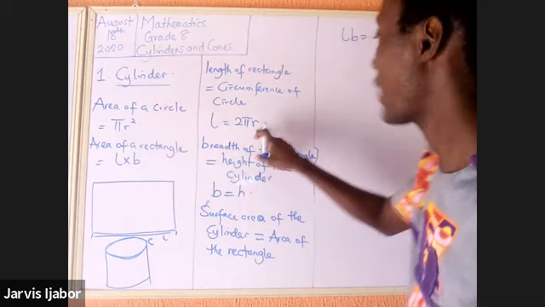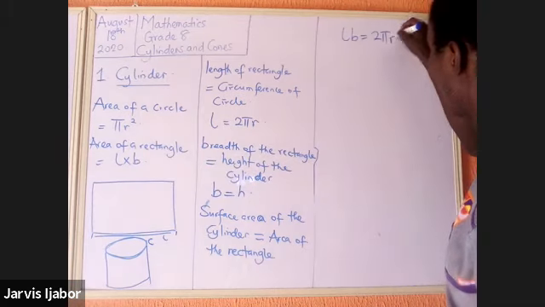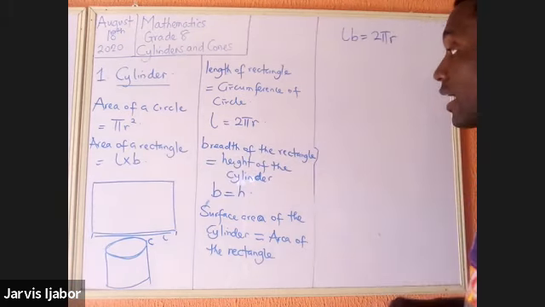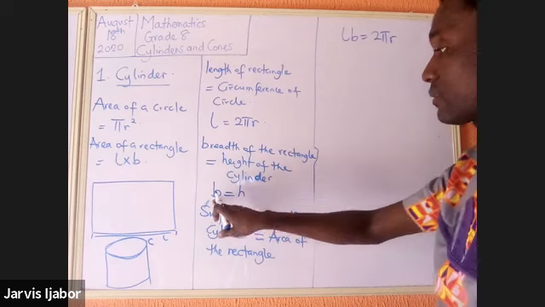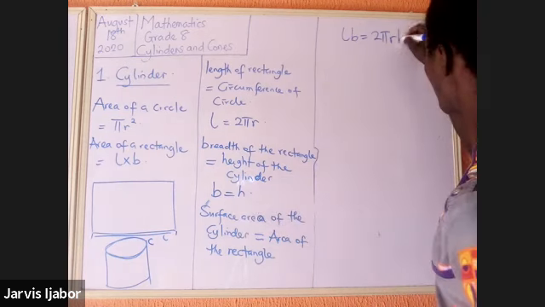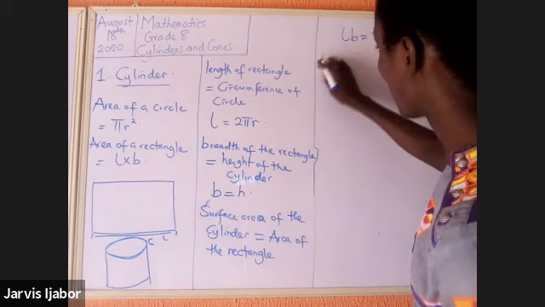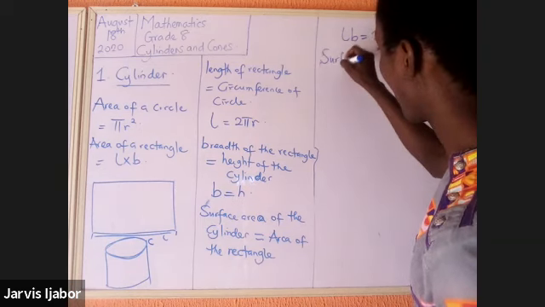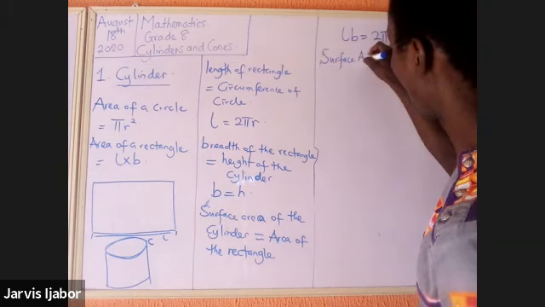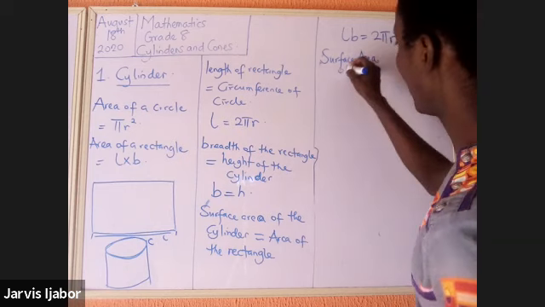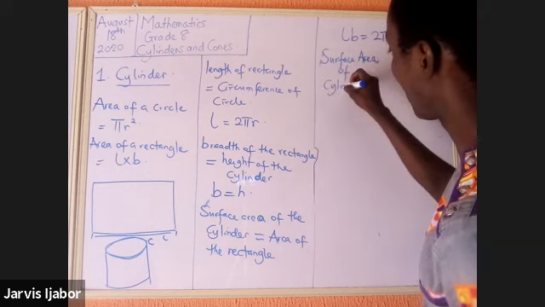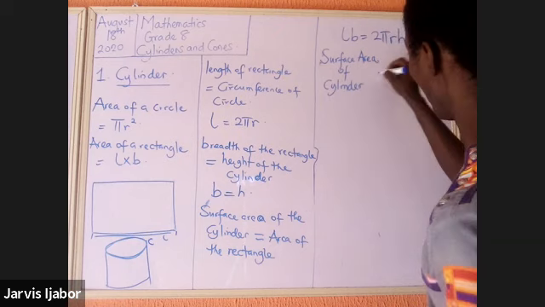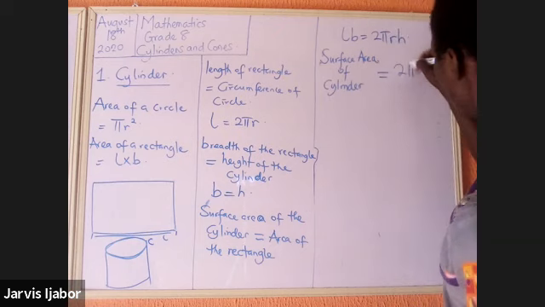2 pi r. What is the breadth? H. So that's how we say that the surface area of a cylinder is essentially equal to 2 pi r h.